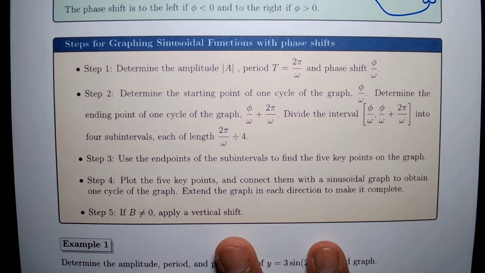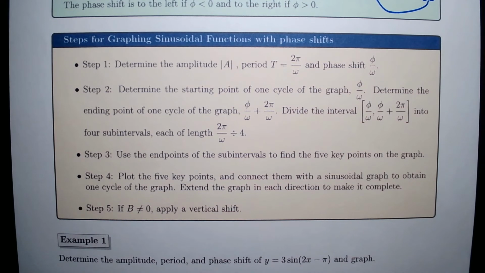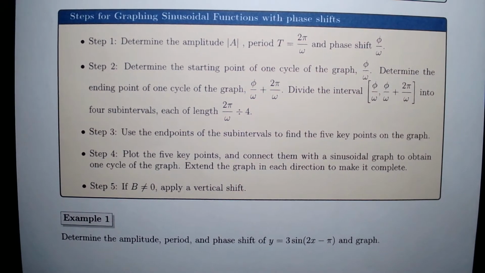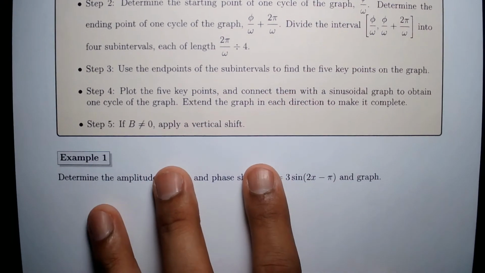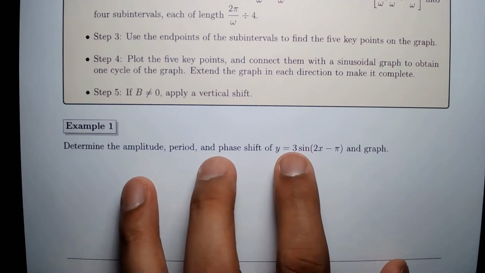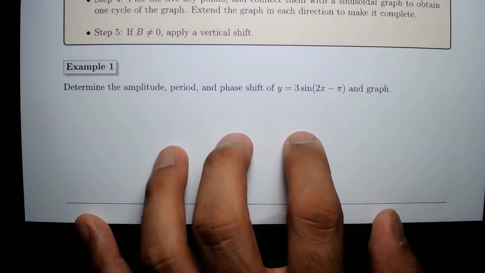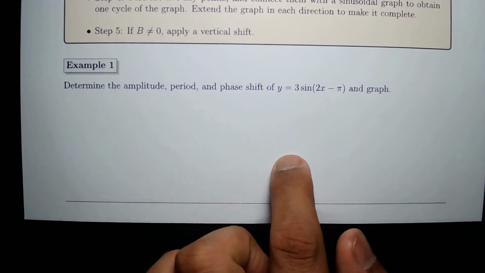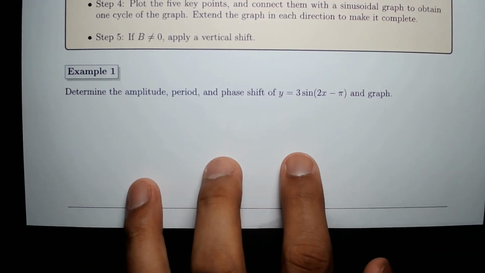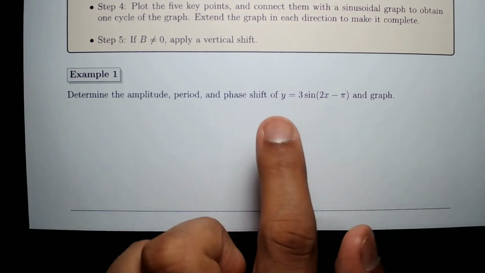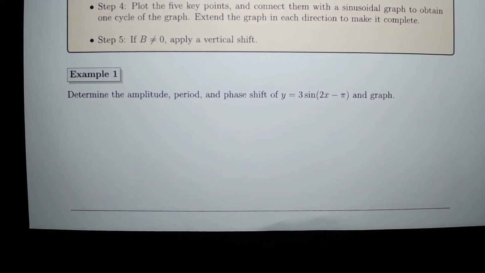I basically repeated the steps for graphing sinusoidal functions with phase shifts, dividing into intervals and all that. Ultimately, I would like to show you how it looks on the graphing calculator, but of course we are going to get the amplitude, the period, and the phase shift by hand.